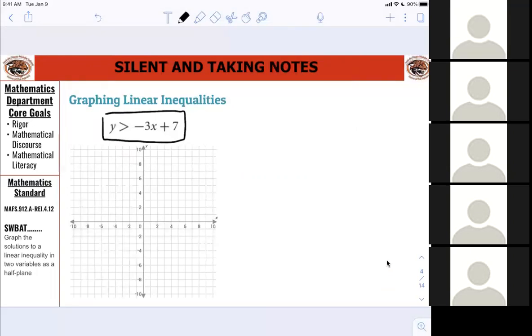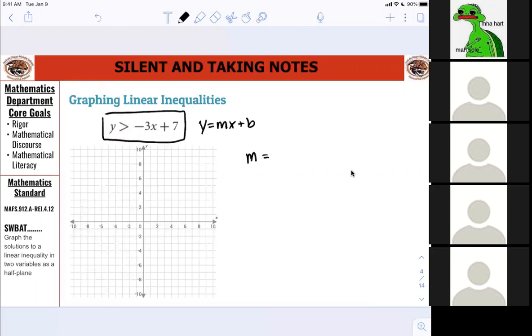Okay, so there are some things I already know about this inequality because it kind of looks like y equals mx plus b. The only difference is that I have a greater than symbol instead of an equals sign. So if that's the case, what do I already know about this function or this equation? It's going to be dash. Okay, you're right.